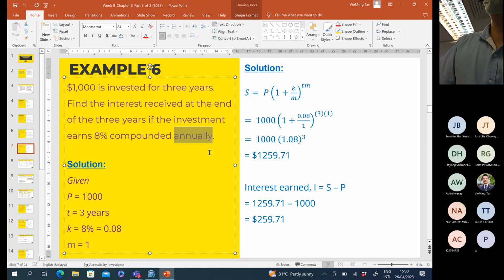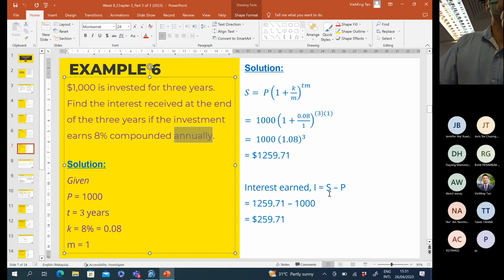If we simplify the number inside the brackets, you'll get 1.08. The power number is 3, right? Then you can use a calculator, simplify, and leave the answer in decimal places. You'll get $1,259.71.